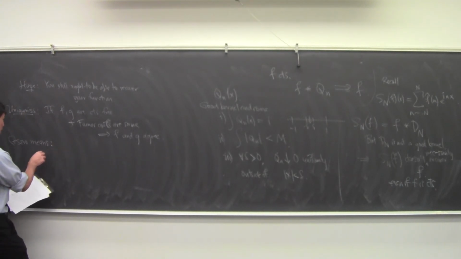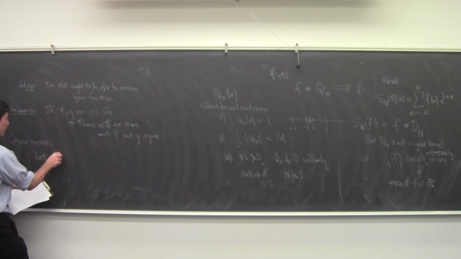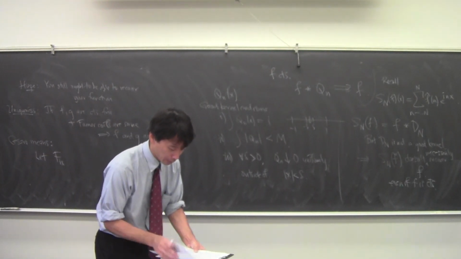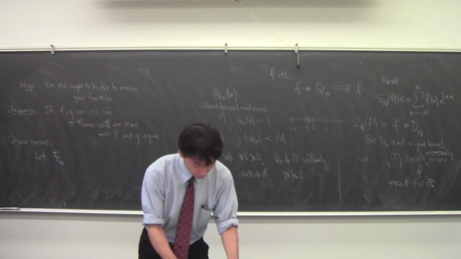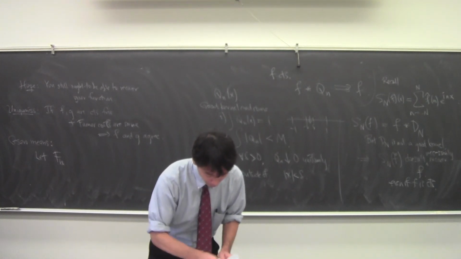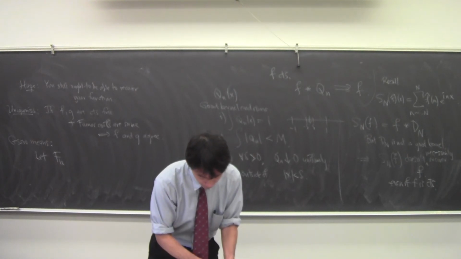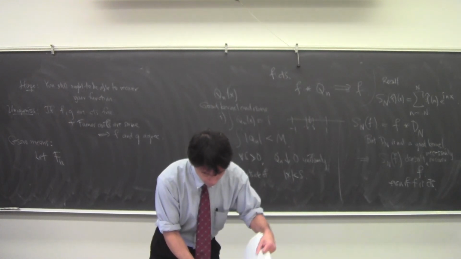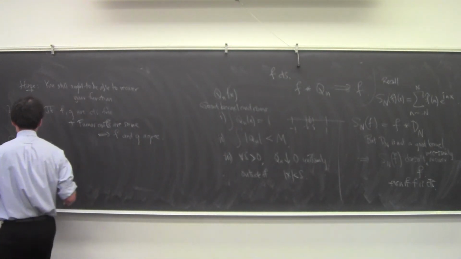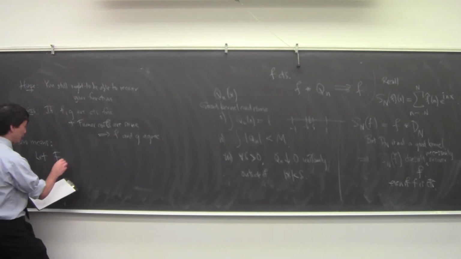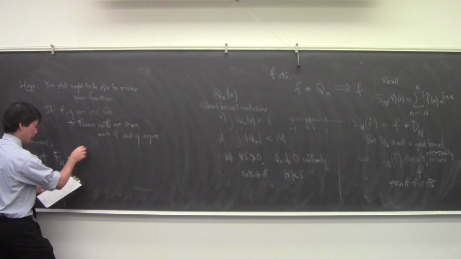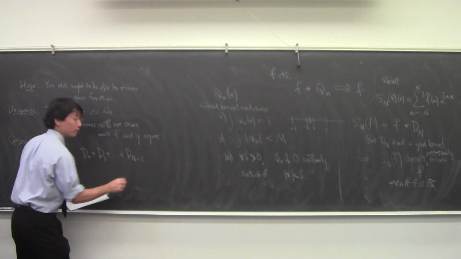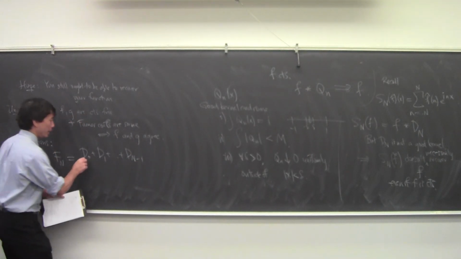Instead of taking D sub n, let F sub n be the sum of the Dirichlet kernels from D_0 to D_{n-1}, and then average it.